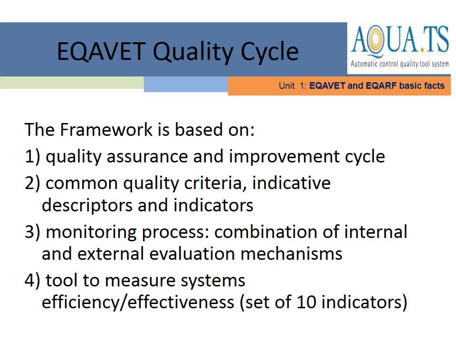The selection of quality criteria, descriptors and indicators is applicable to quality management at both VET system and VET provider levels. Nor should the indicators be considered as benchmarks, nor as a means of reporting on or drawing comparisons between the quality and efficiency of different national systems.